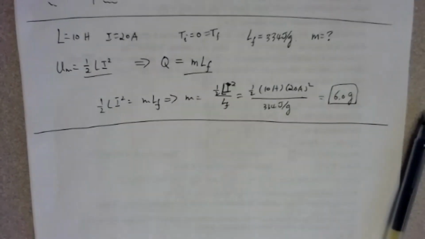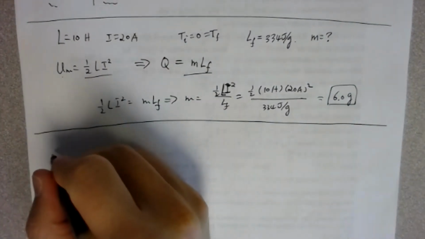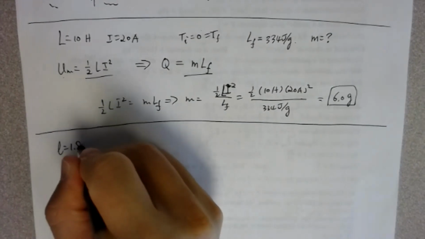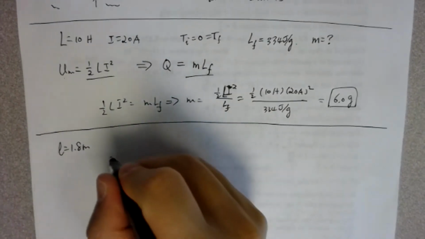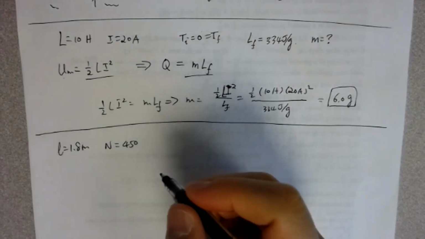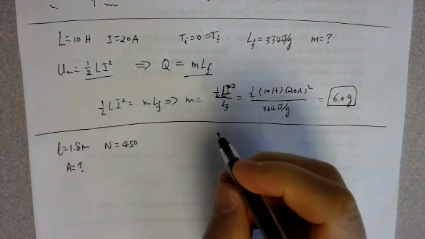So let's take a look at the example. A solenoid is 1.8 meters long, so L is equal to 1.8 meters, and it has 450 turns. What's the cross-sectional area? So A equals what?